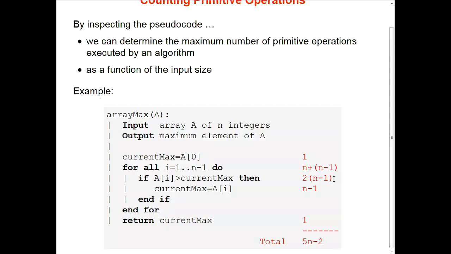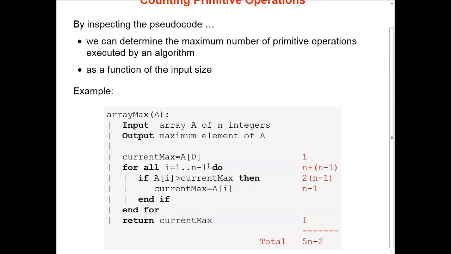Namely, you have to check whether your running variable has not yet reached the end. So if i has a specific value, every time before we can even start this for loop, we have to check whether i is smaller or equal to n minus 1. This is one expression that we have to evaluate, and I count this as one primitive operation.